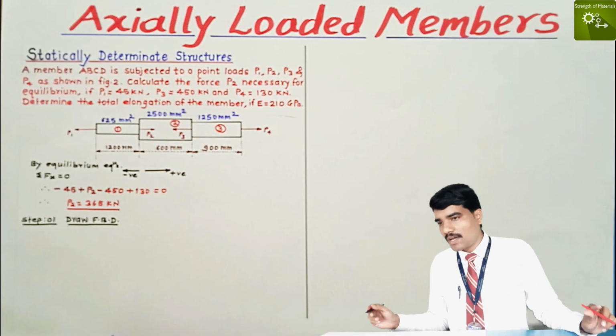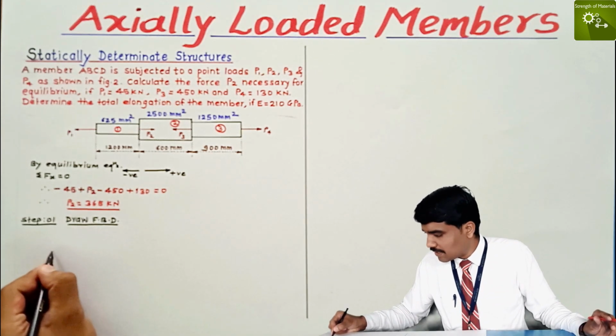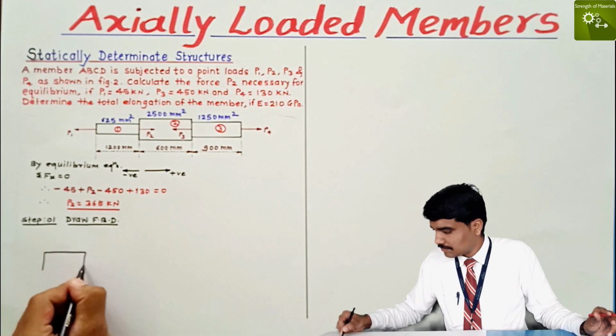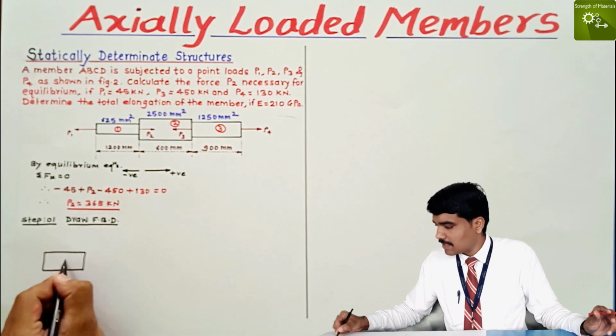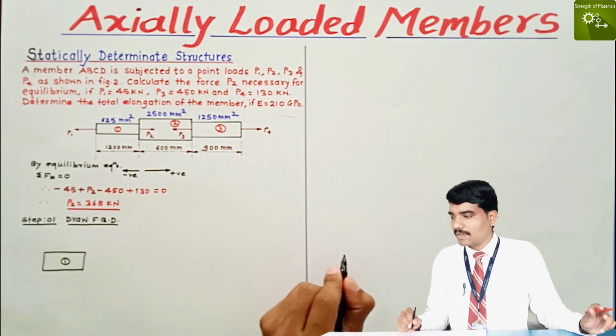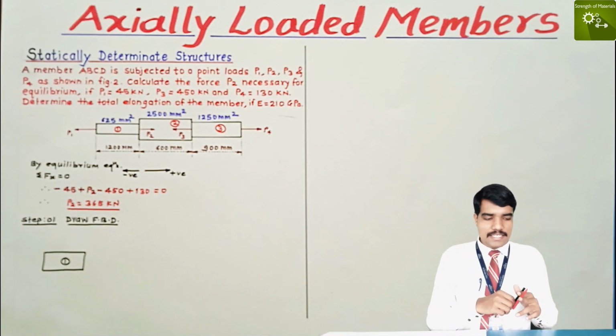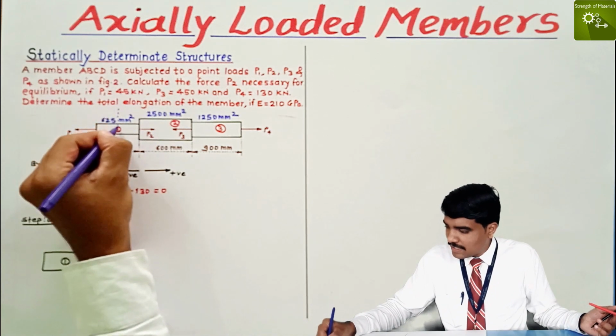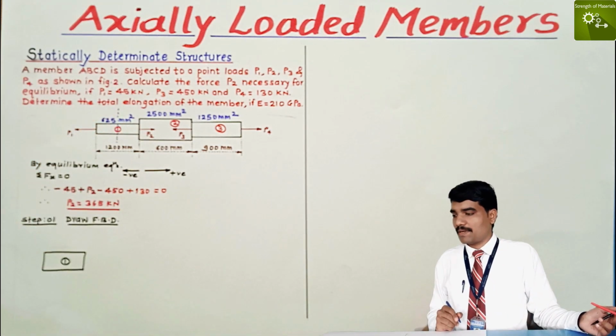First of all we draw an FBD of the first member. This is the first member. Then we consider one section in the first member.